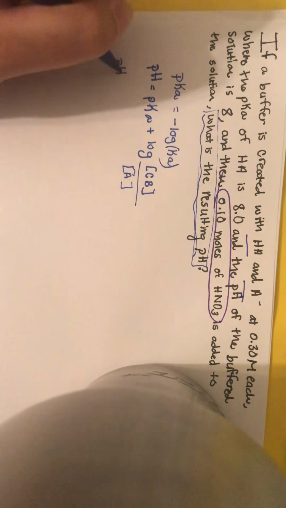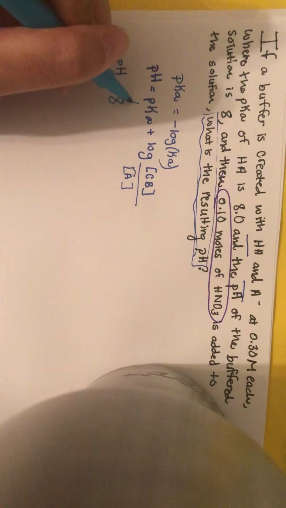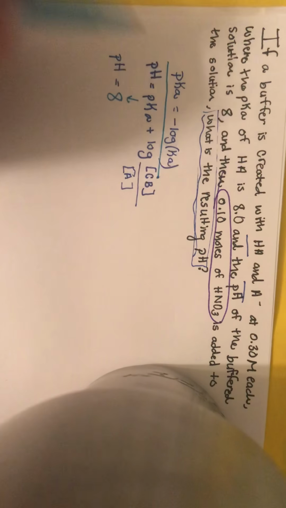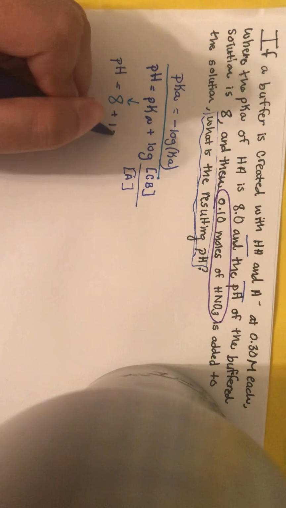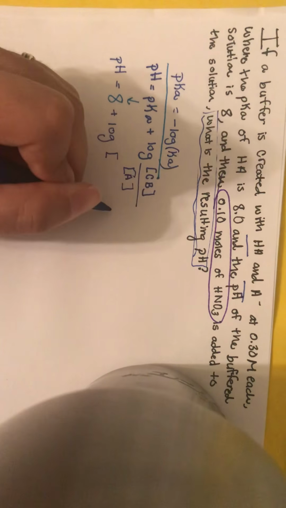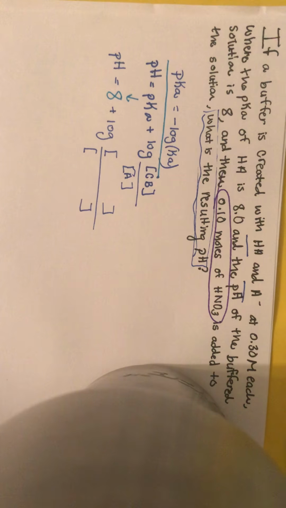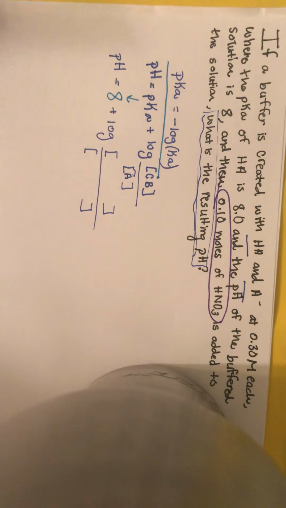So we have the pH, the pKa is 8, right? We didn't really need this formula, but in case we were just given Ka, we'd have used this. Okay, so now we have the log, and we're going to need to do some addition and some subtraction. So both are going to either be 0.3 plus 0.1 or 0.3 minus 0.1.